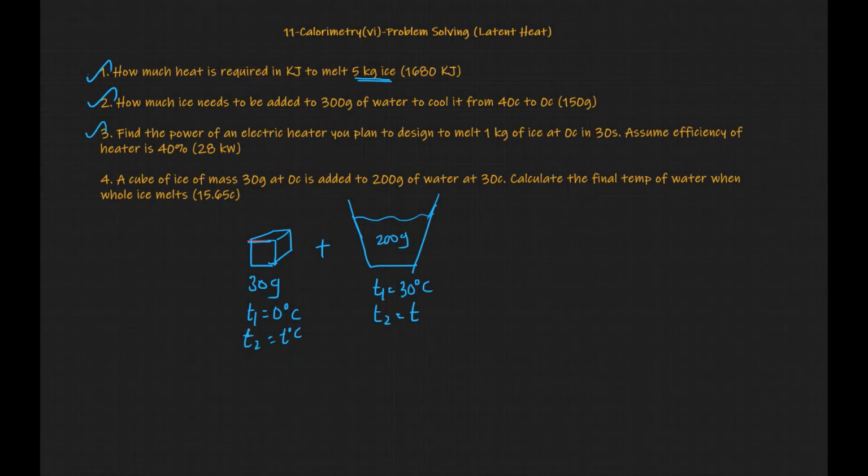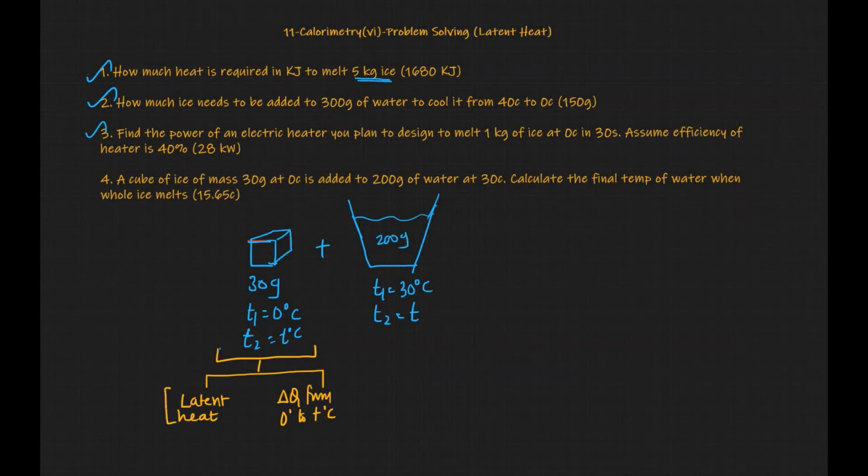If you look at the net heat gained by ice on this side, there are two components to this. One is the latent heat for it to convert to water, plus delta Q from 0 degrees to T degrees Celsius.